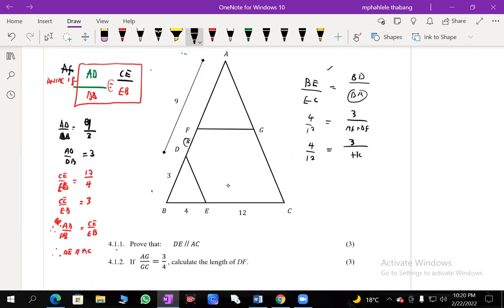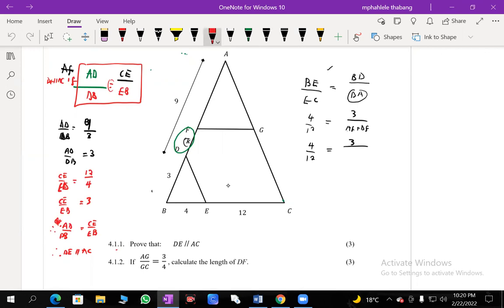So we're going to say 9 minus DF, because we want to solve for the DF figure. What makes sense now is to keep DF. Hence I'm saying 9 minus DF.